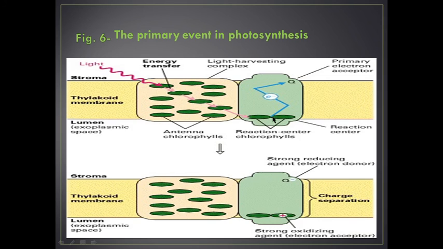That process is known as excitation of the electron. Now this electron is accepted by the primary electron acceptor quinone, a strong reducing agent. Now these accepted electrons transfer toward the electron transport chain, from plastoquinone to cytochrome b6, then plastocyanin, then photosystem.